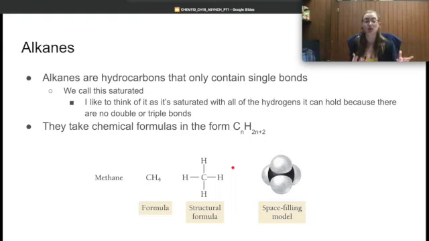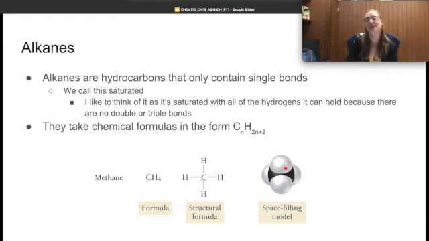It's also the Lewis structure. We can use those interchangeably in these cases. Sometimes it can be a little bit different, but for our purposes right now, we can just say these are the Lewis structures. So you can see that our Lewis structure only contains single bonds. If that Lewis structure or that depiction only contains single bonds, hey, it's an alkane.